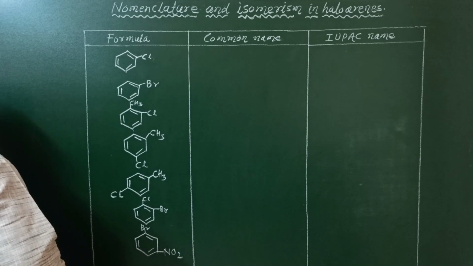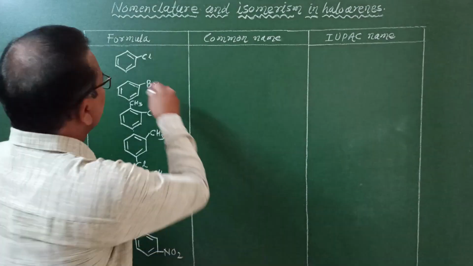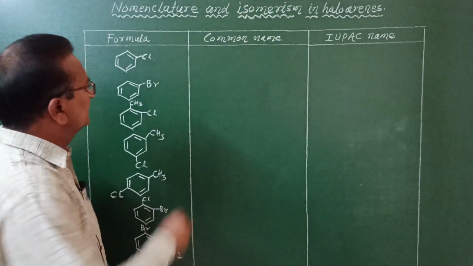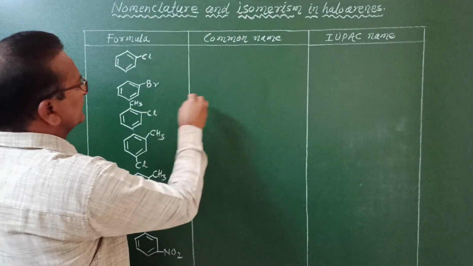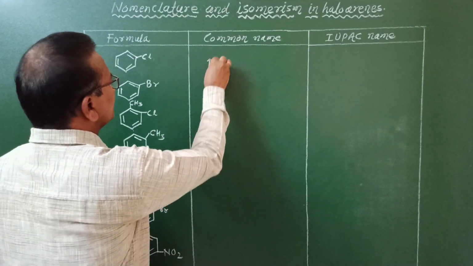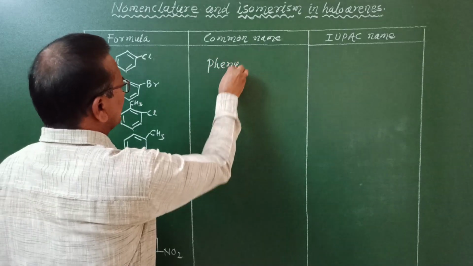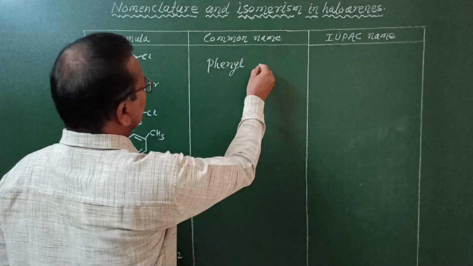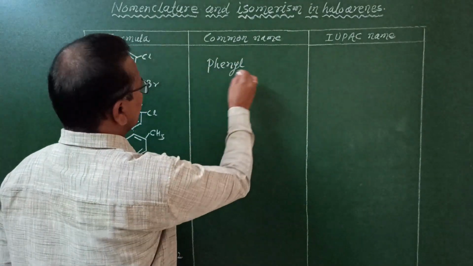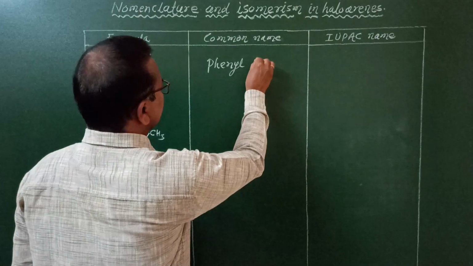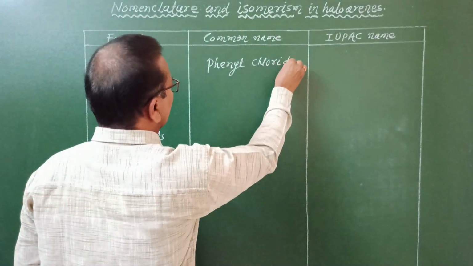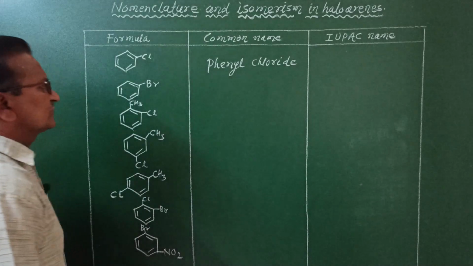This is a very common example of aryl group, and this group is called phenyl group. That's why the common name of this example is phenyl followed by the name of halogen atom. Since a chlorine atom is there, we have to write chloride. Phenyl chloride. This is the common name.